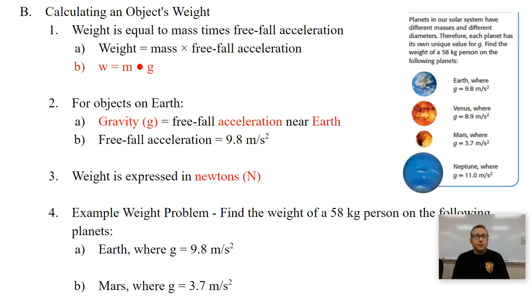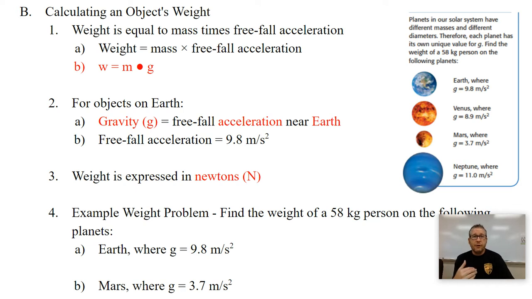How do we calculate an object's weight? Well, it's simple. We take the object's mass, which is typically reported in grams or kilograms, and multiply that by free fall acceleration, otherwise known as gravity. So we get the formula: weight is equal to mass times gravity.